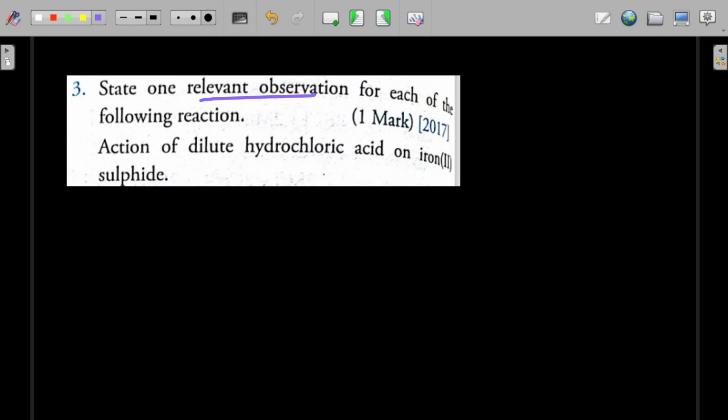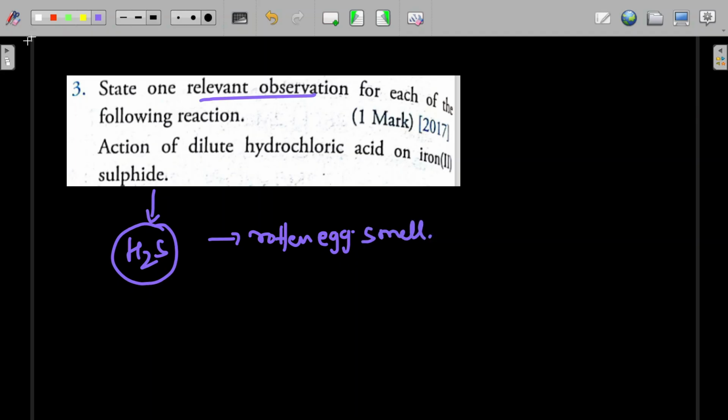One relevant observation: dilute hydrochloric acid on iron 2 sulfide. For H2S gas you have to write the observation, do not write H2S gas released. Vanishika, what is the test for H2S gas? If they ask you to write the test for hydrogen sulfide gas, what is it?